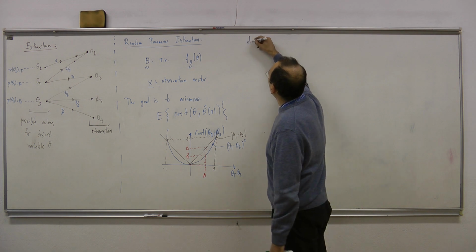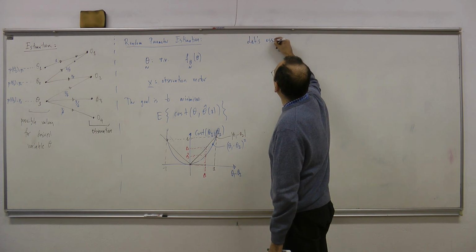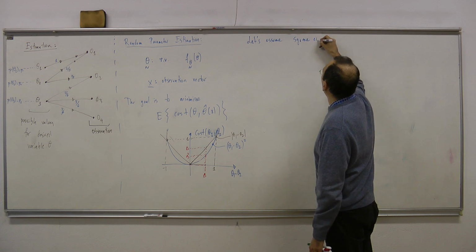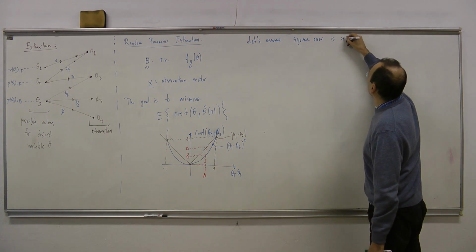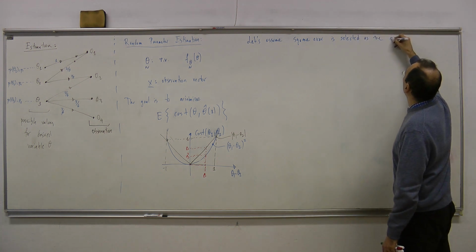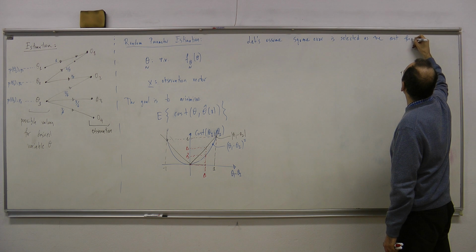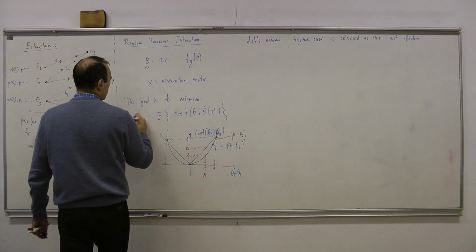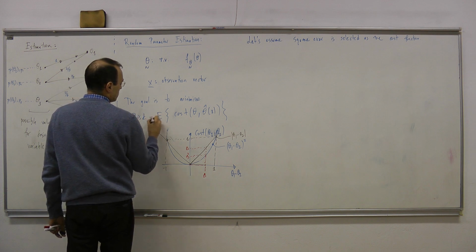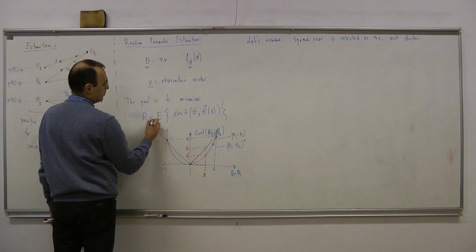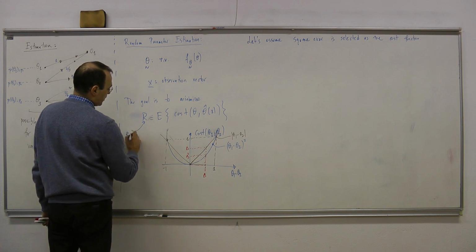So let's assume square error is selected as the cost function. Then let me call this risk, or let me call this just R, and this R denotes the risk.